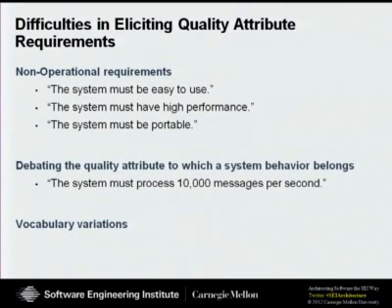If I talk to one group of people at the customer site, one group of people would say, oh, 10,000 messages per second, that's a performance requirement. If I talk to another group of people, they would say, oh, well, that's a throughput requirement. If I talk to another group of people, they'd say, well, that's a capacity requirement.